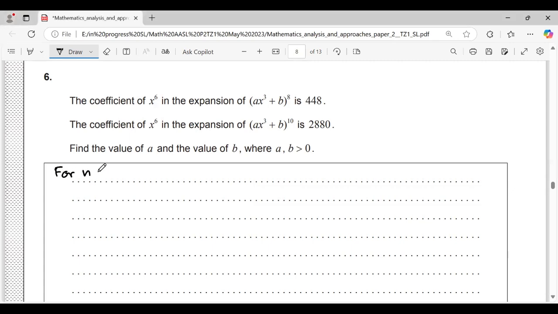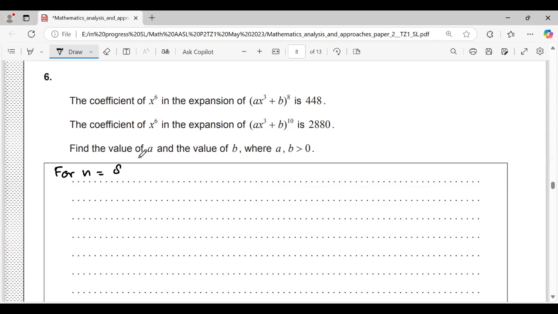For n equals 8, the term corresponding to x power 6 occurs when k equals 2. Okay, when k equals 2, it occurs that x power 6, n equals 8, right?